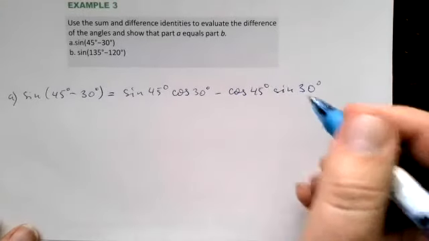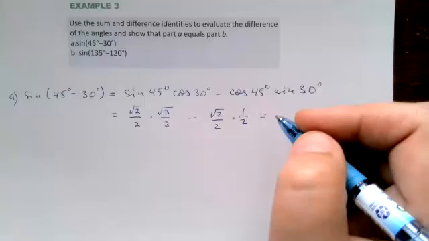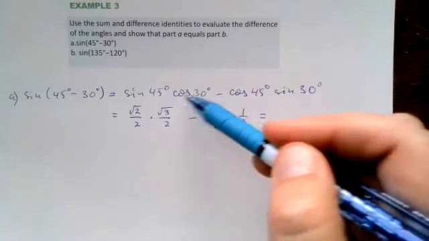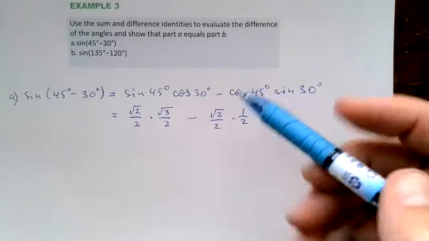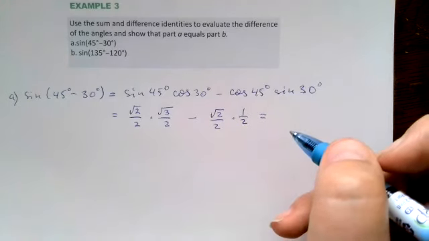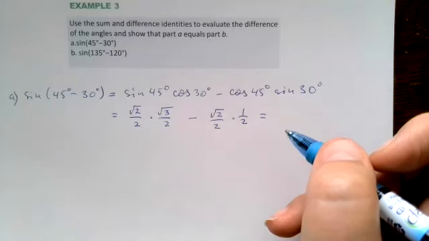So let's go ahead and evaluate this expression. It's just a matter of filling in the known values of the angles that we studied since the beginning of the course, and basically multiplying and combining those fractions.